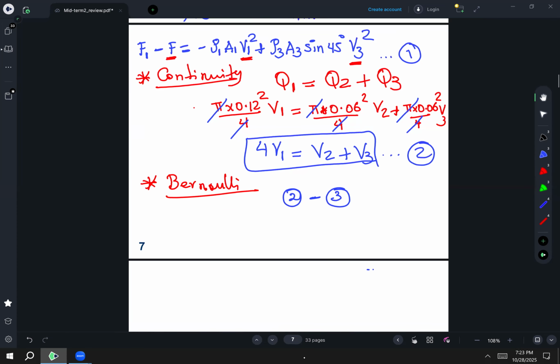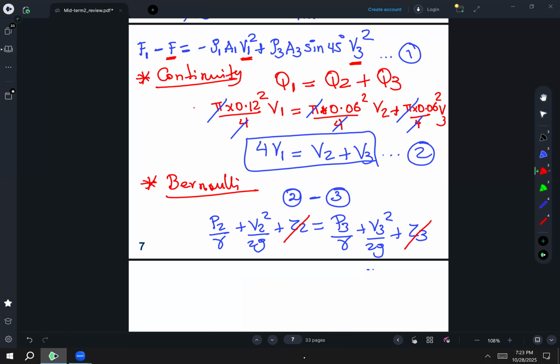If we do that, I have the pressure at the outlet of 2 over gamma plus velocity 2 squared over 2g plus z2 is equal to pressure in 3 over gamma plus velocity 3 squared over 2g plus the elevation of 3. The elevation of 2 will be equal to the elevation of 3, and the reason is because we have a horizontal system. So the elevation of the pipes is the same.